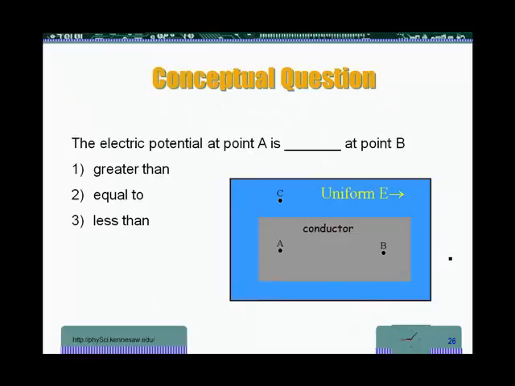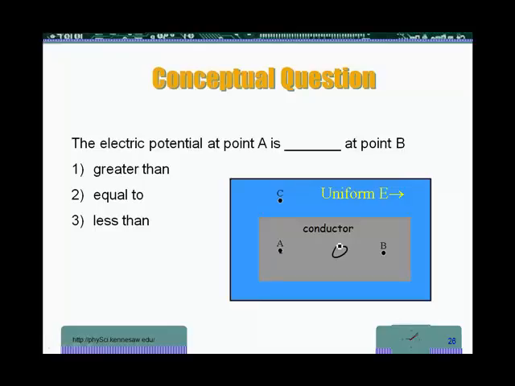Let's look at this other question. Here it's the same situation, but we have a conductor. Point A and point B are within a conductor. The key here is to remind ourselves of what happens in a conductor. Remember, the electrical field inside the conductor is zero throughout the conductor when it is in static equilibrium.